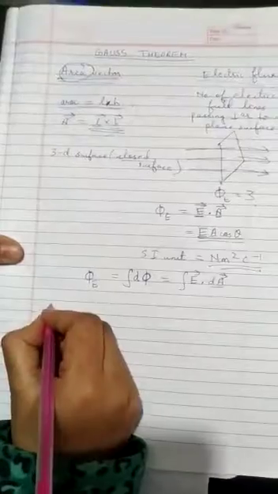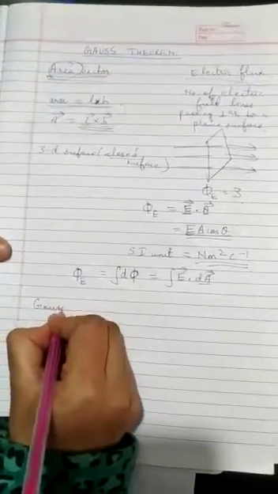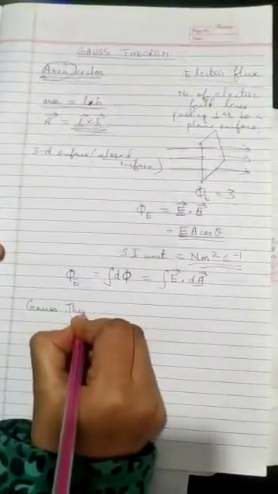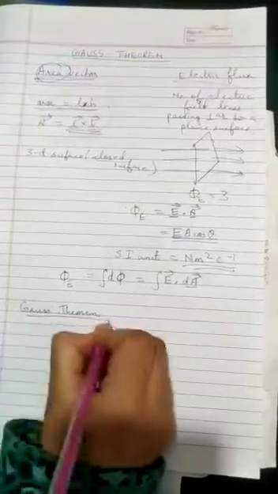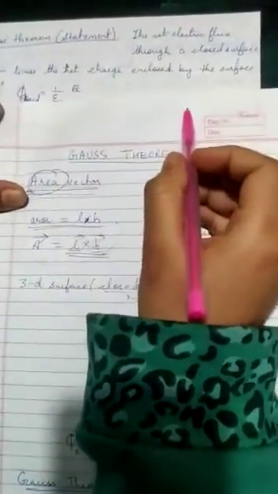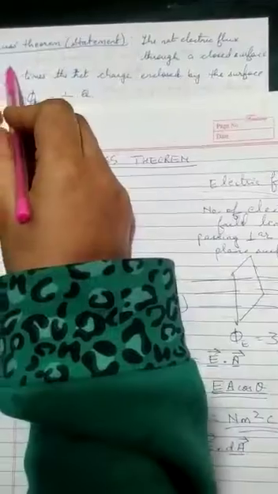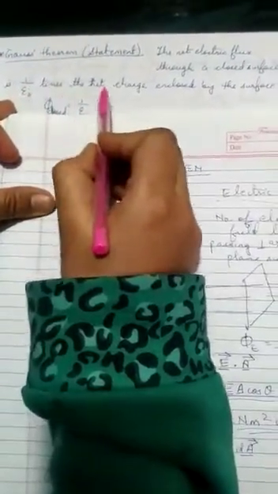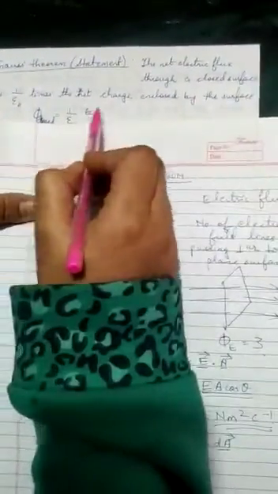Let's proceed now to state Gauss law or Gauss theorem. The statement is that the net electric flux through a closed surface is 1 by epsilon naught times the net charge enclosed by the surface.